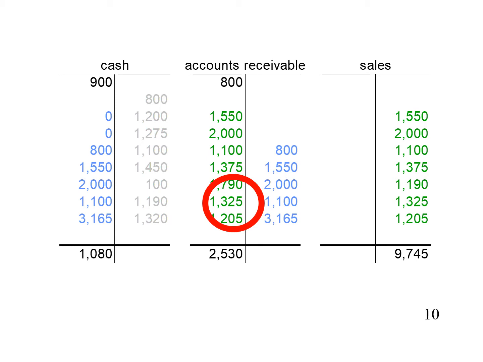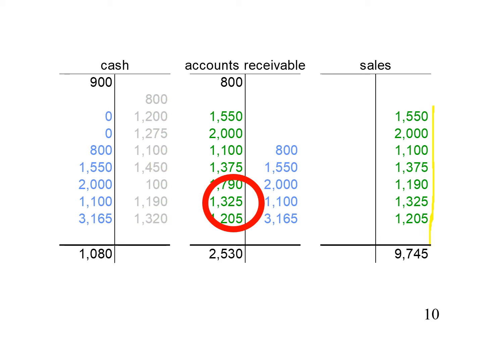We're going to audit accounts receivable because balances are reasonably easy to audit relatively. So if I look at sales, to audit sales, I have to audit all the transactions for the entire period. It's very difficult to audit January's sales. They're gone. When I audit accounts receivable, I really only need to audit what's left over at the end.